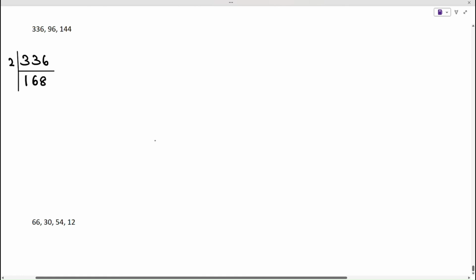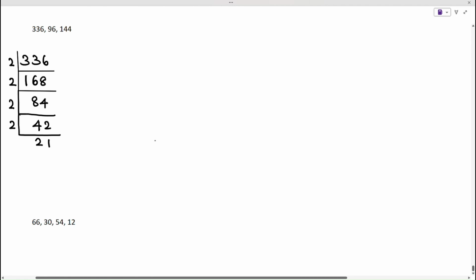168 is also a multiple of 2, so we can divide it by 2 again, and we get 84. 84 is an even number. We'll remove another 2, and we're left with 42. And once again, 42 is also an even number, so we can remove another 2, and we're left with 21.